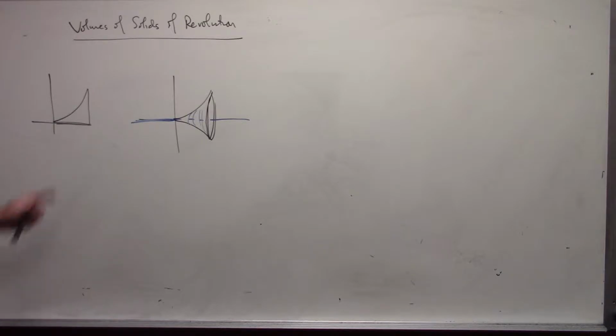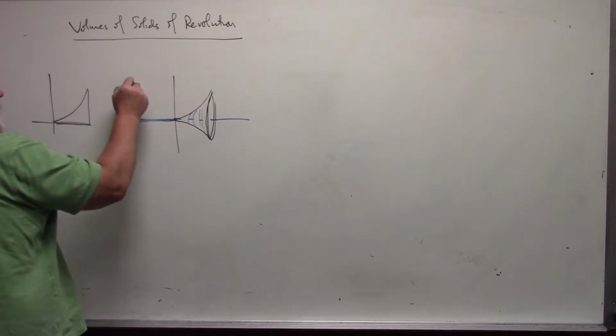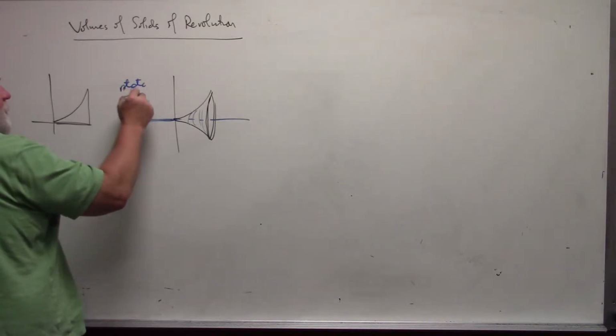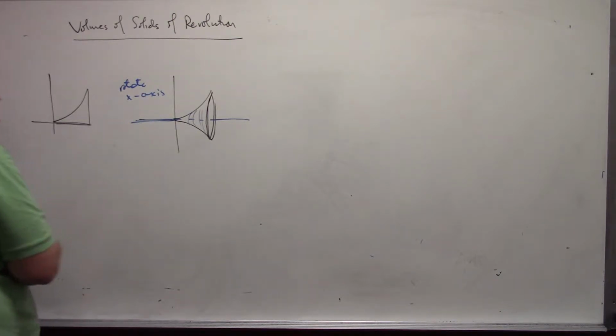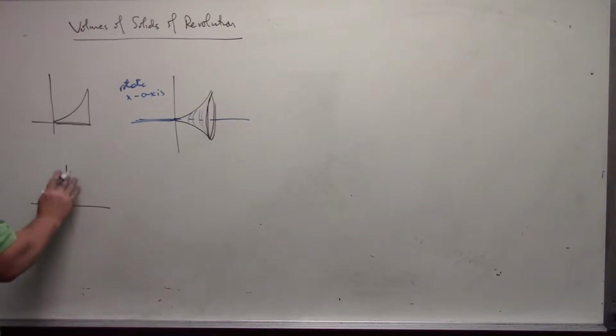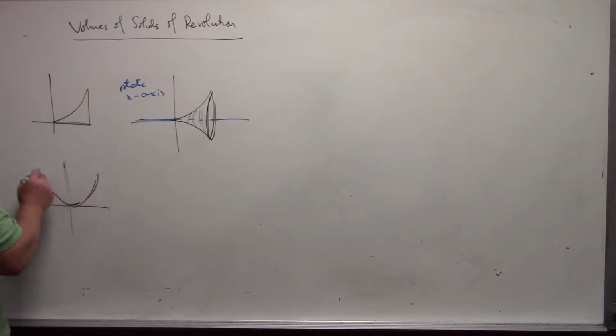So we might take this particular area, and if I rotate about the x-axis, it might look something like this. If I were to take this same area and rotate it around the y-axis, it might look something like this.